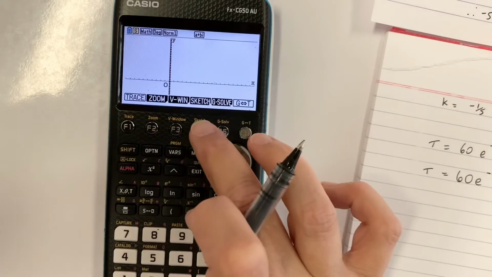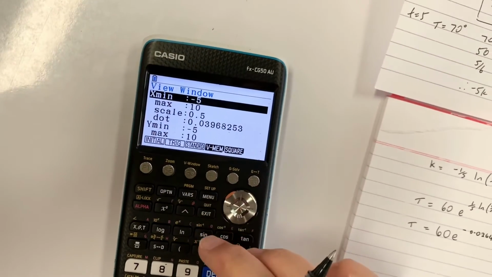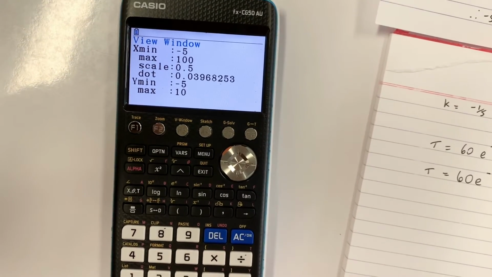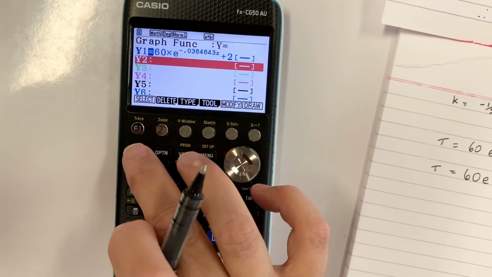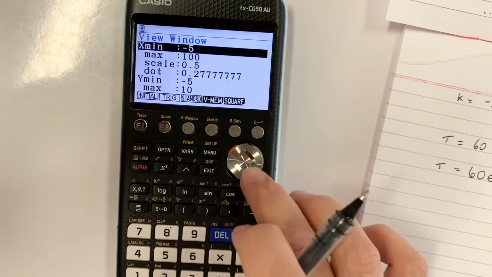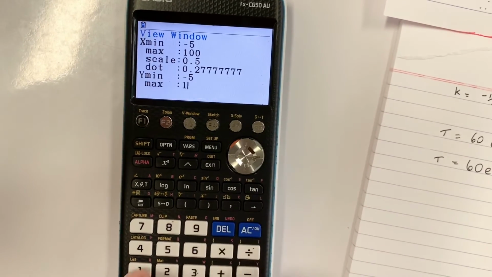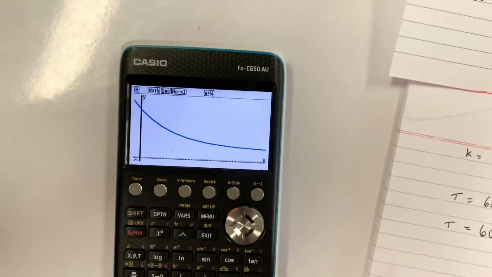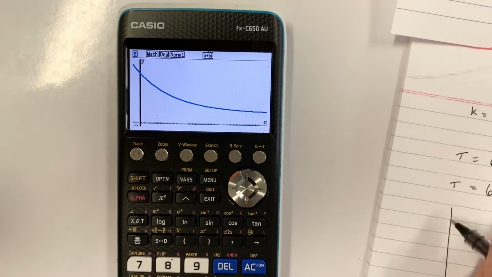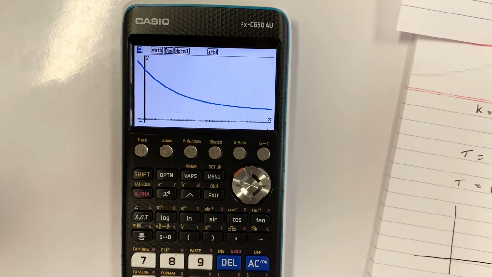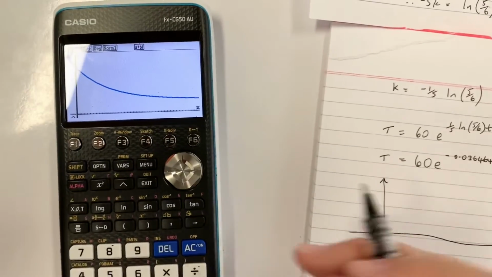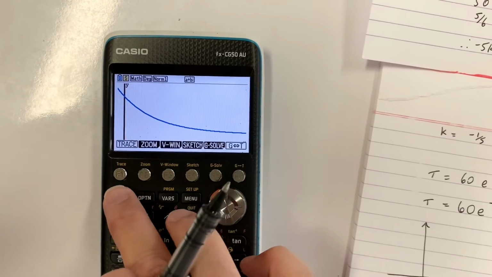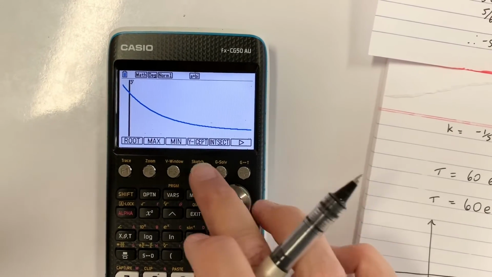Let's see, I think my view window is probably a bit out, so let's change my view window. Let's make that 100. Oops, sorry about that. Let me just go view window again. My window is too small. Now we can see the graph when I correct my view window. So I can sketch it out if I need to know what those points are.